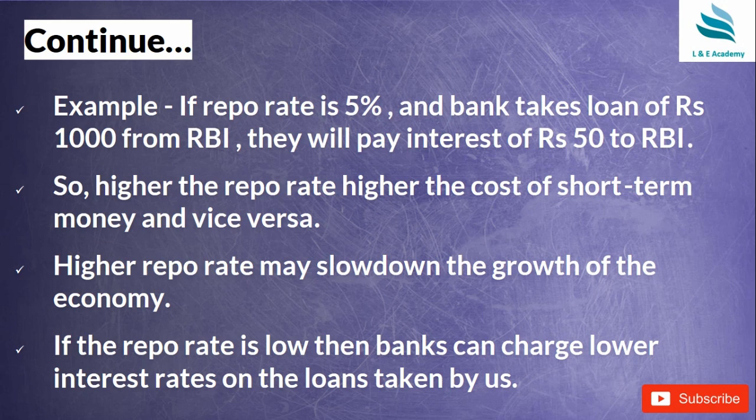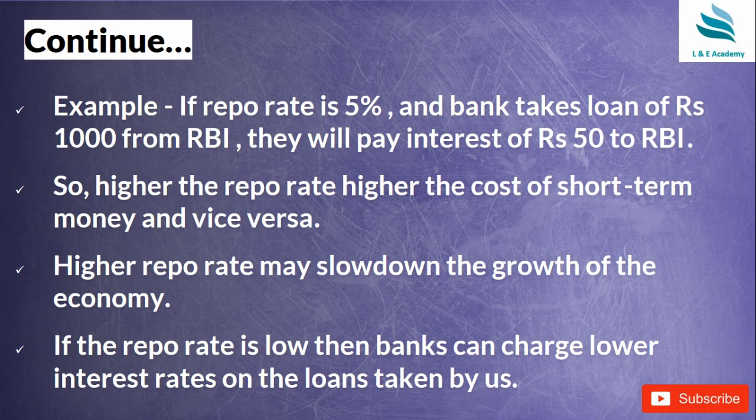For example, if the repo rate is 5 and the bank takes a loan of 1000 from RBI, they will have to pay an interest of rupees 50 to RBI. The same way we pay interest to the banks. Similarly, the bank pays interest to RBI. There is no difference. So the higher the repo rate, the higher the cost of short term money and vice versa.